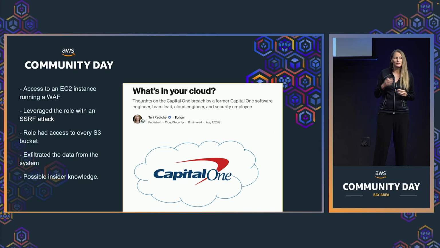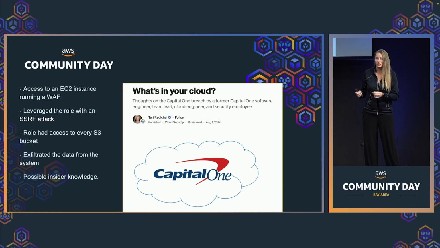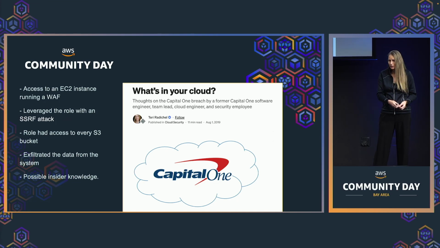In this case, one thing that actually helped Capital One, because even though it was bad, it could have been worse, was that some of the applications were using application-specific encryption keys where only that application's role could get to the key to decrypt the data. So even though the attacker got to the S3 bucket, they couldn't decrypt the data and use it. I have a lot of blog posts on encryption and using specific permissions to help you create that sort of segmentation or segregation with different resources.